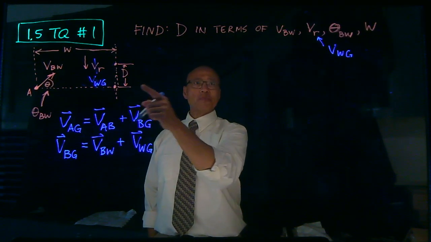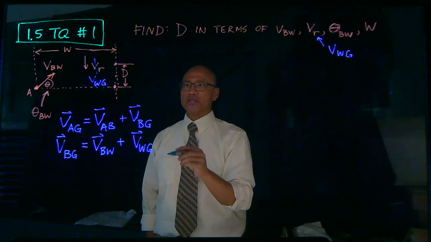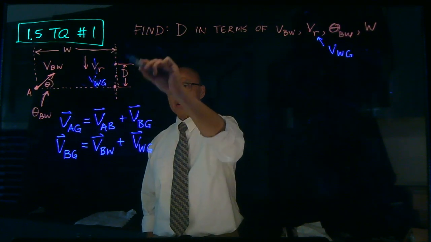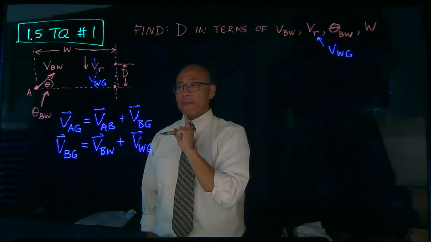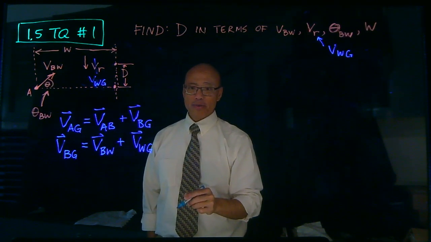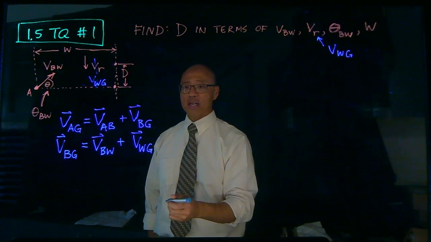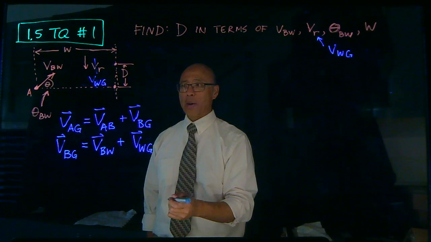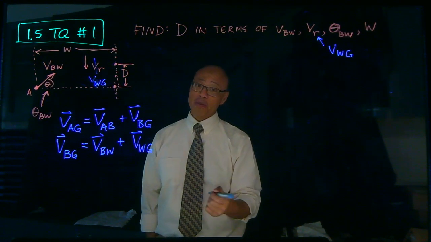What about W and D? Well, D is how far the boat moves in a vertical dimension, but that space is on the ground, or it's measured on the ground. So which velocity of the boat applies? The velocity of the boat relative to the ground.